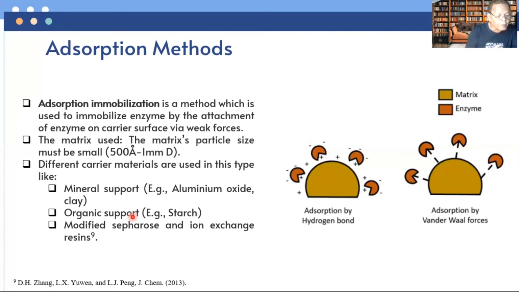The binding is non-specific, like electrostatic or hydrophobic, rather than affinity binding to a particular ligand. Several carrier materials are used in this method, like mineral support, organic support, and modified Sepharose and ion exchange resin. Those three I have already mentioned before.